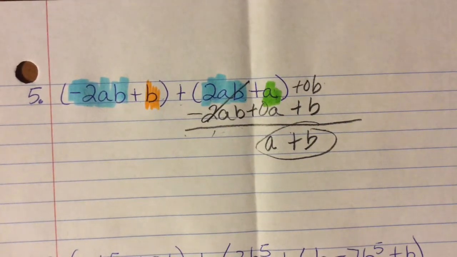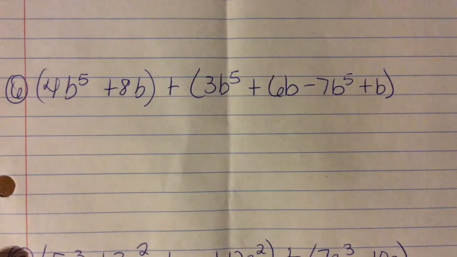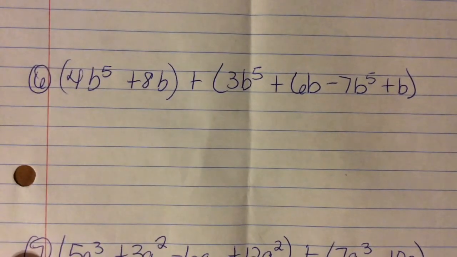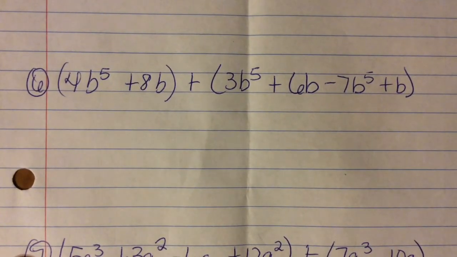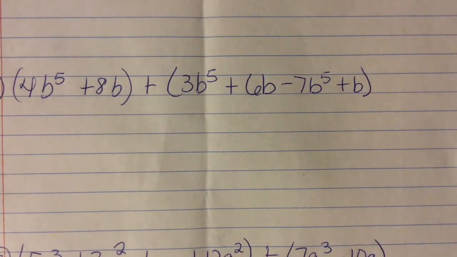Okay, so let's take a look at one more. Want to provide you guys with plenty of examples. This one's a little hard to get all on here. So as you see, it's 4b to the 5th power plus 8b plus 3b to the 5th power plus 6b minus 7b plus b. Okay.